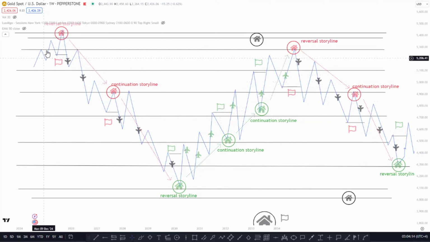So when the airplane reaches airport B, it means the price has reached a fresh level. If airport B raises the red flag, that means a bearish breakout has happened, starting a bearish storyline.